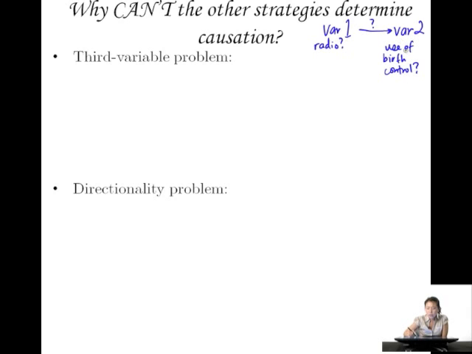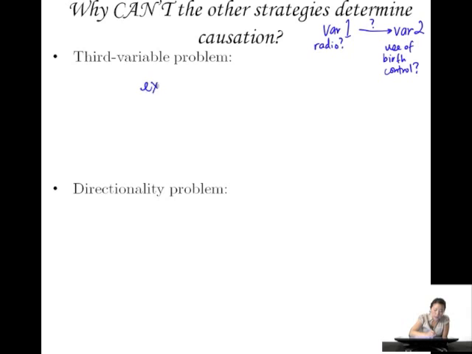Here, one issue is you don't know whether one causes the other because we have what's called a third variable problem. The third variable problem can be described like this. There might be another variable that actually impacts both your variable 1 and 2.